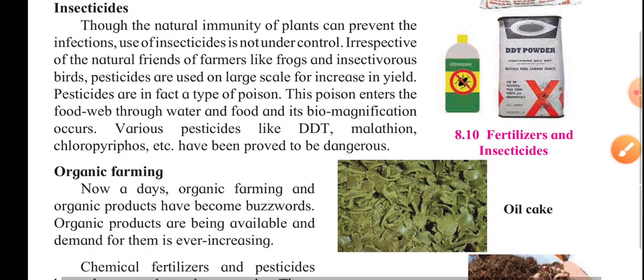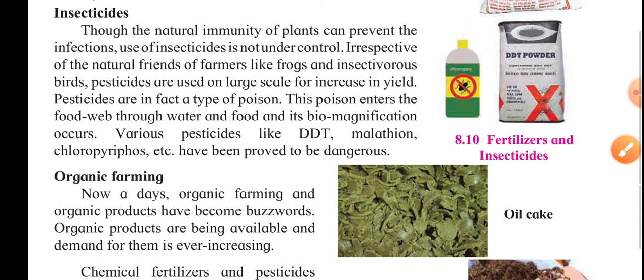Further are insecticides, which are also very important. The natural immunity of plants can prevent infections, but the use of insecticides is not under control. Irrespective of the natural friends of farmers like frogs and insectivorous birds, pesticides are used on a large scale to increase yield.